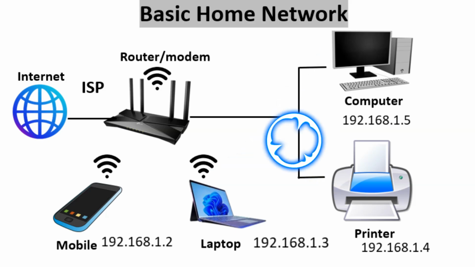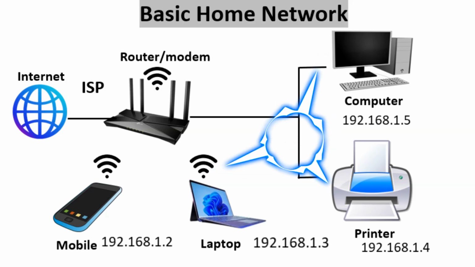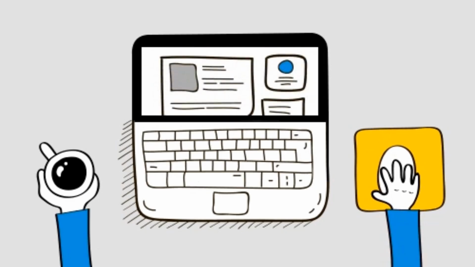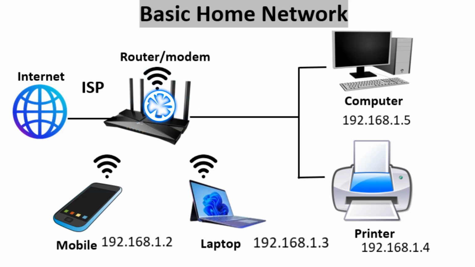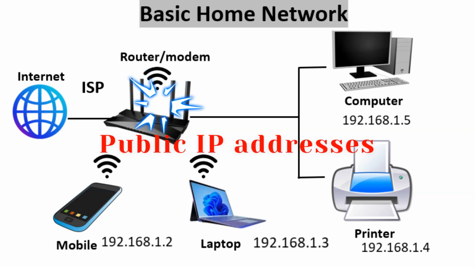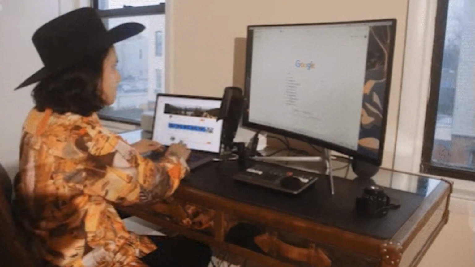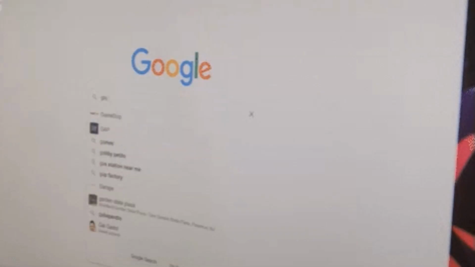When your devices talk to each other, like sending files between two computers, the router uses these local IPs. But when you go online, like opening a website, the router sends your request using the public IP address it got from your ISP.